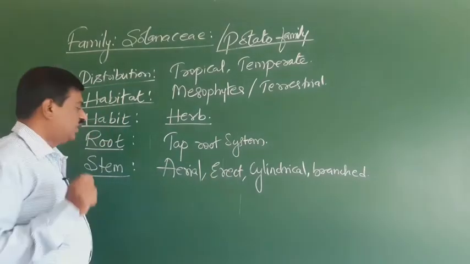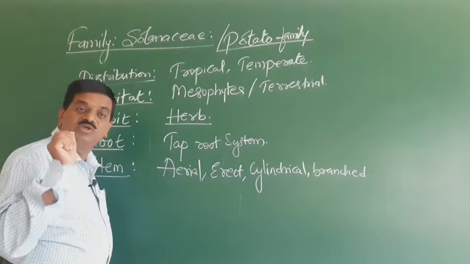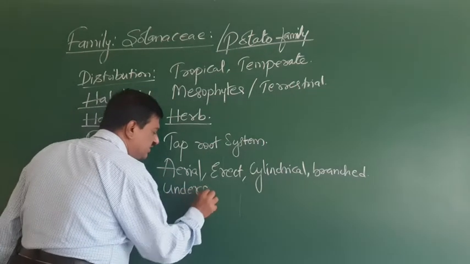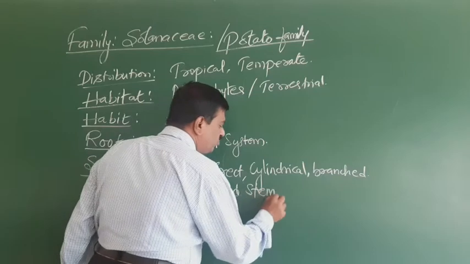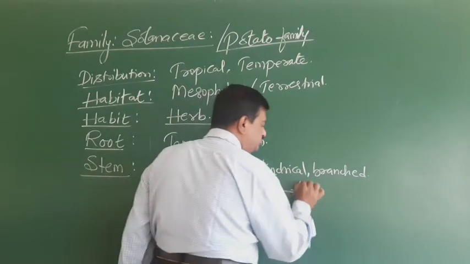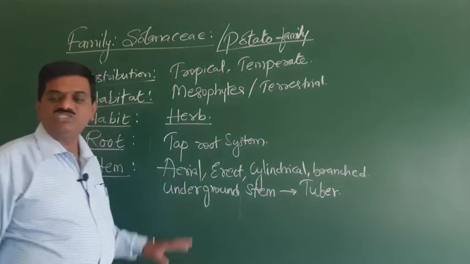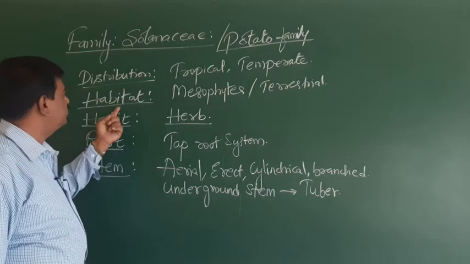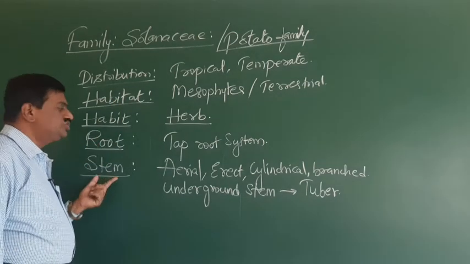Along with that, there is the presence of underground stem modification, and this is usually called tuber. So here this is called tuber. So we have given distribution, habitat, habit, root, stem.